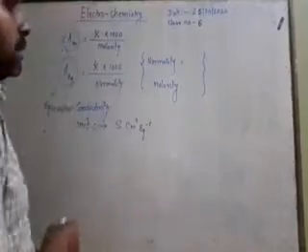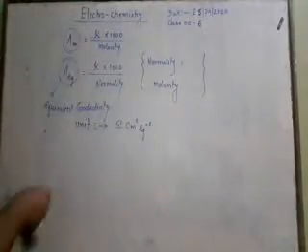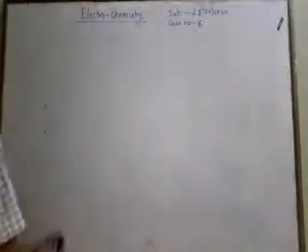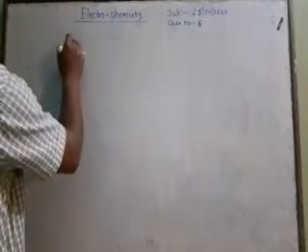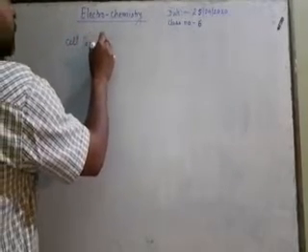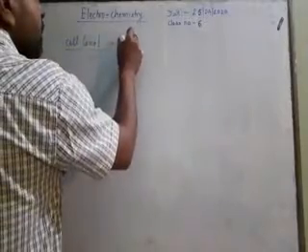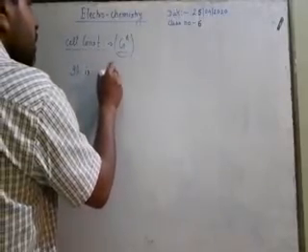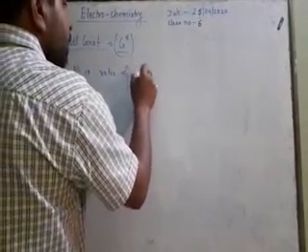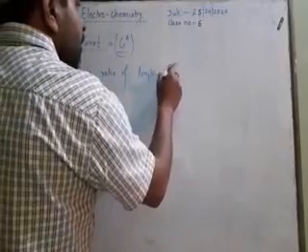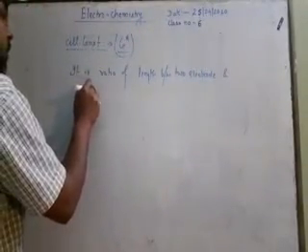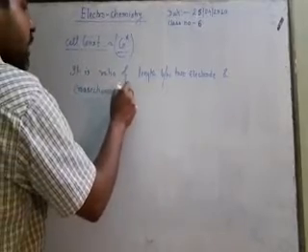Now we discuss cell constant. It is represented by G star. Students, it is the ratio of the length between two electrodes and the cross-sectional area of the conductivity cell.